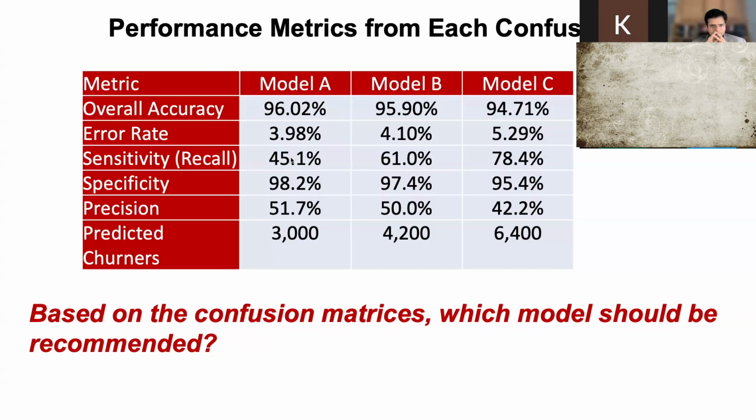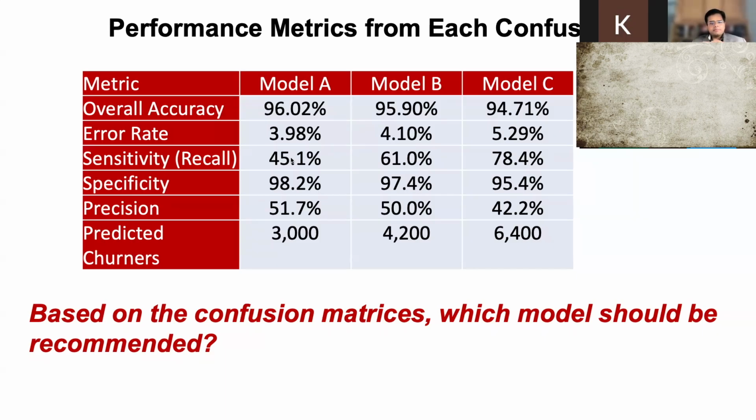It has not too many predicted churners, and the sensitivity is better than in Model A. I mean, the sensitivity is overall best in Model C, but then again, it predicts 6,400, and I think the company can't afford to pay for the retention efforts for 6,400 customers. Okay. Right. That's one way to think about it.